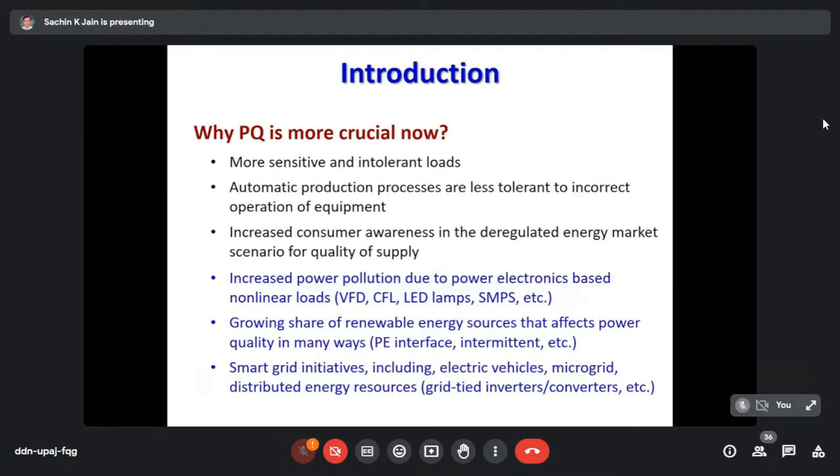In a deregulated energy market scenario, when there is cutthroat competition, there is something to worry about: the survival of my utility, whether I will be able to supply or not.